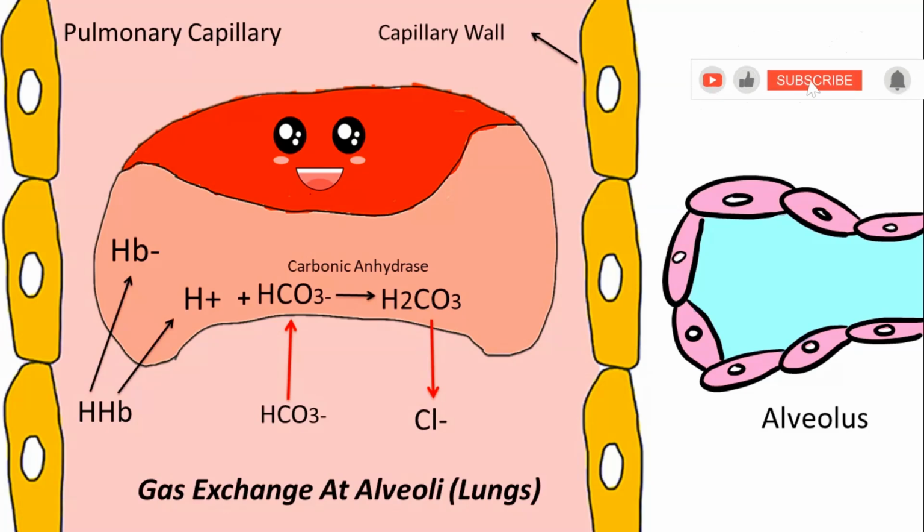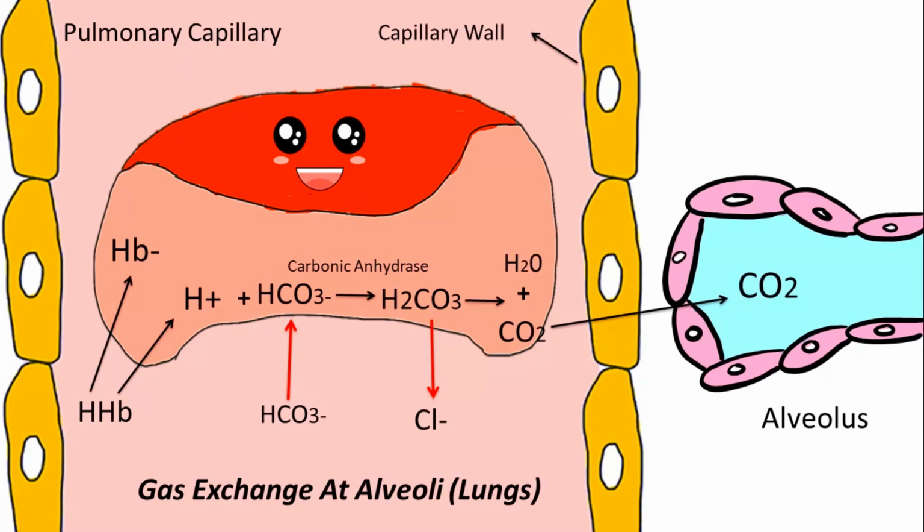The H2CO3 compound, or the carbonic acid, is an unstable compound and it is quickly broken down into H2O, which is water, and carbon dioxide, which is CO2. This CO2 is transported out of the capillary by means of diffusion into the alveoli.